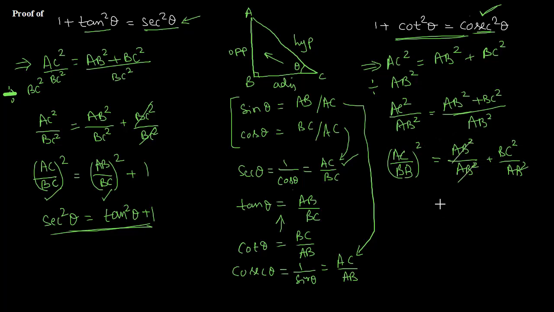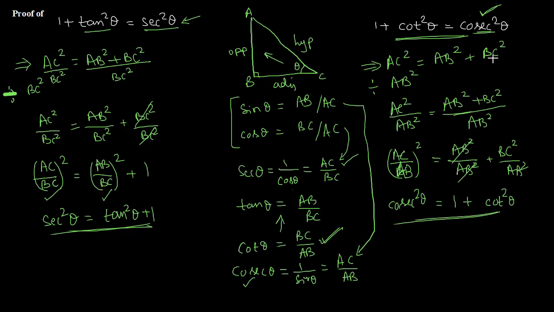These two get cancelled, so I'll get 1 there. What is BC by AB? BC by AB is cot theta, so that is cot square theta here. AC by AB is cosecant, so that will be cosecant square theta.